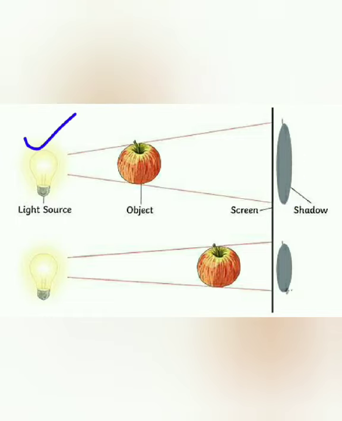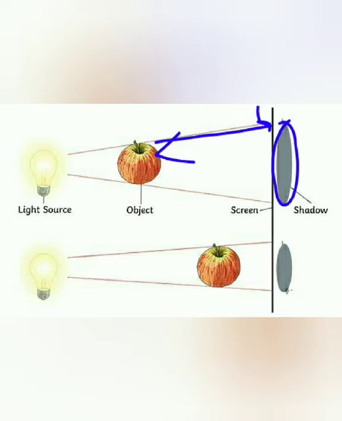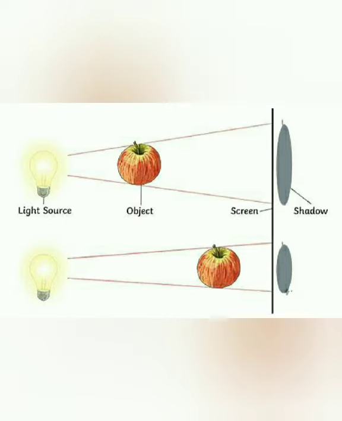Or we can say in this manner also that when the screen, this is the screen, and the object are quite far from each other, then also it forms a big shadow. So to form a big shadow, either the light source and the object need to be close, or the object and the screen need to be away from each other. Then only it will form a big shadow.